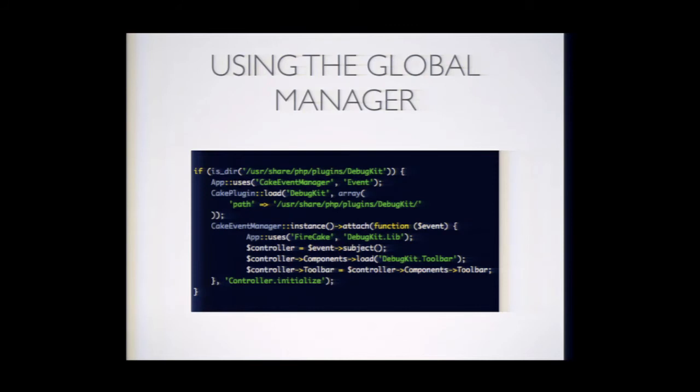This is an example of using the global manager. I took this from an environment file that we have. So we inject DebugKit on the fly on local machines. We check if there is any DebugKit there. Then we instantiate the event manager. And globally, we listen to controller.initialize and inject DebugKit.